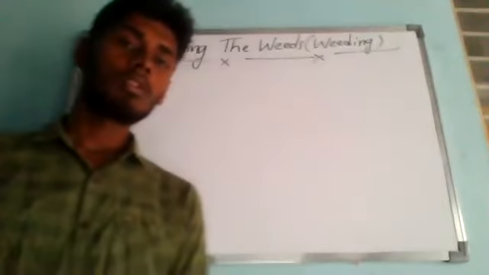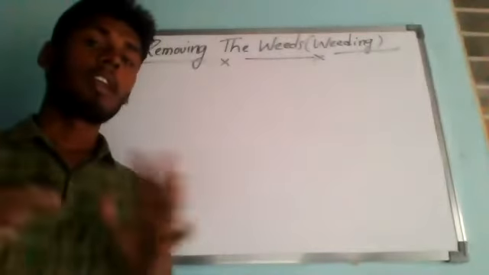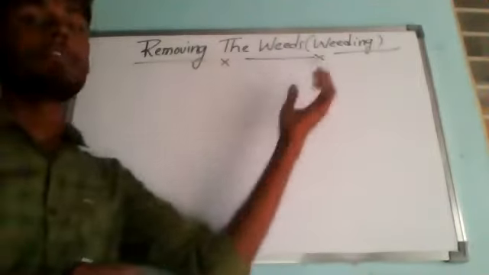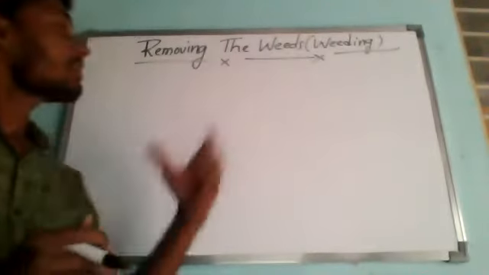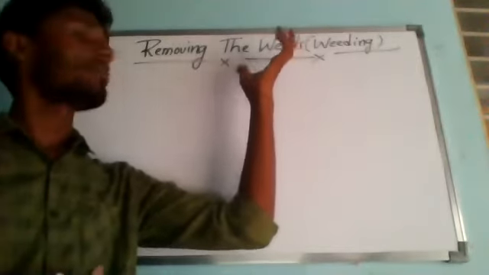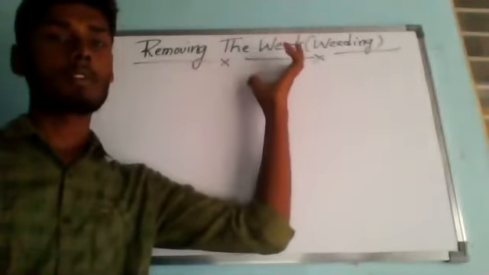Good morning, children. In today's class, we are going to study the next practice of crop production, which is removing the weeds. So, what is the meaning of weeds? I have already taught you that weeds means unwanted plants.